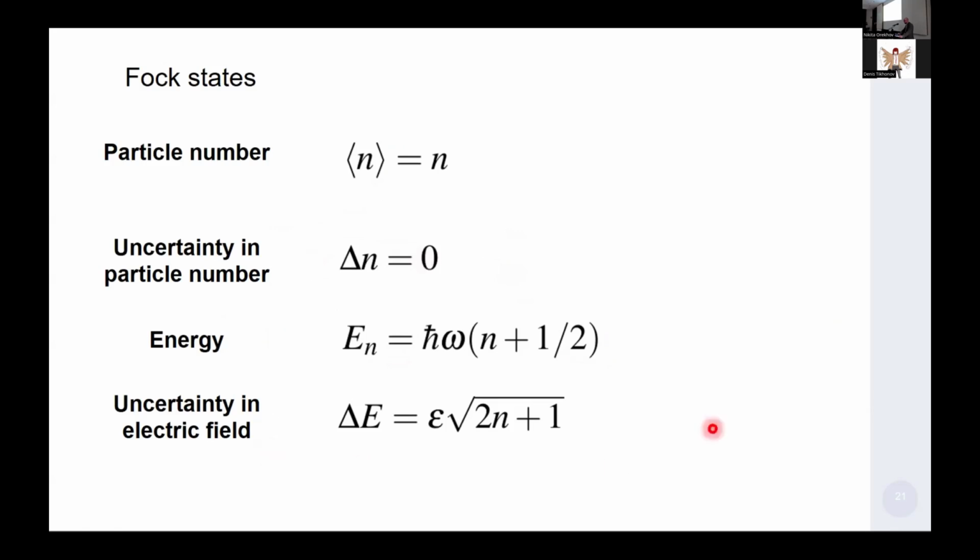But anyway, the favorite is this uncertainty in electric field, which is not zero for state n. So for state n this is the amplitude of E, the electric field. So vacuum is not nothing. Vacuum has oscillations. This will have critical consequences actually for quantum computers with photons, since we will be using vacuum levels to simulate something.